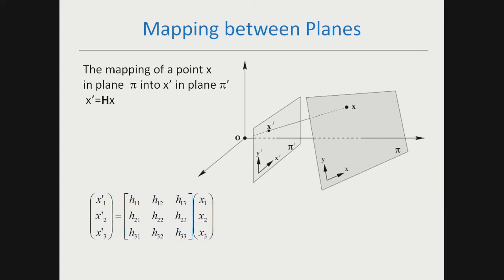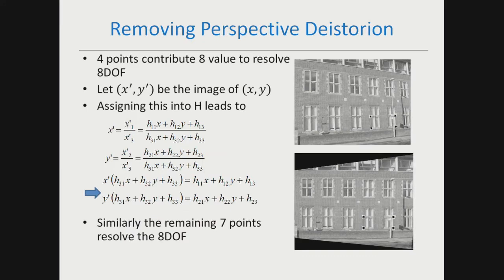Now, let us look at an example which will make things easy to understand. This image was taken, and we see there is a perspective distortion. Why do we see there is a perspective distortion? These are supposed to be rectangular windows, but they are not. This is the perspective distortion.